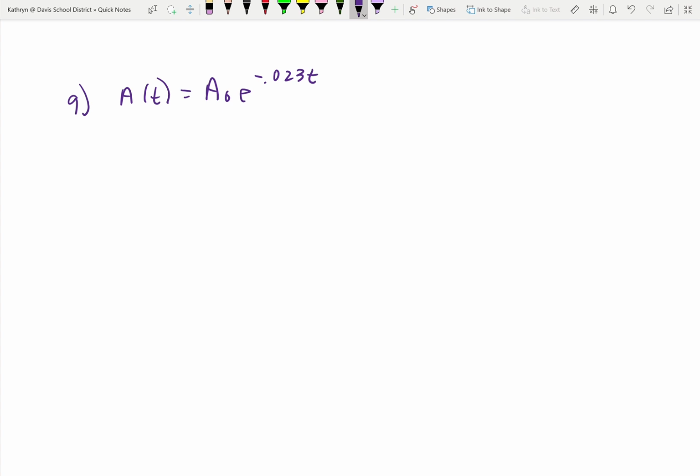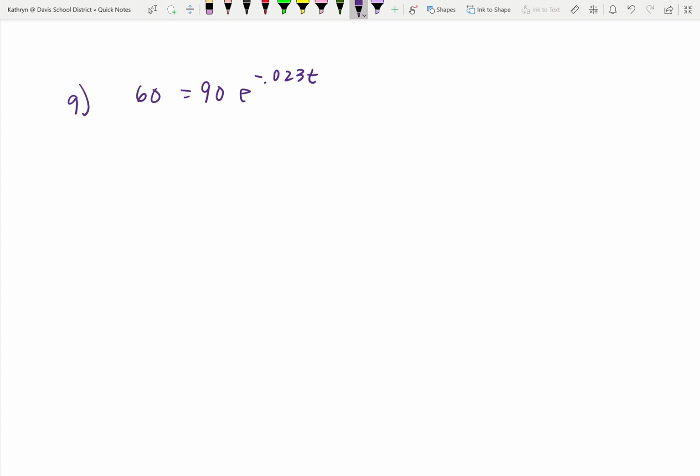Assume a scientist has a sample of 90 grams right now. When will 60 grams be left? Okay, so the fact that he has 90 right now makes that A sub 0 be 90, and they want to know when there will be 60. So do I put my 60 here for t or A sub t, the new amount? And that is going to be over here.